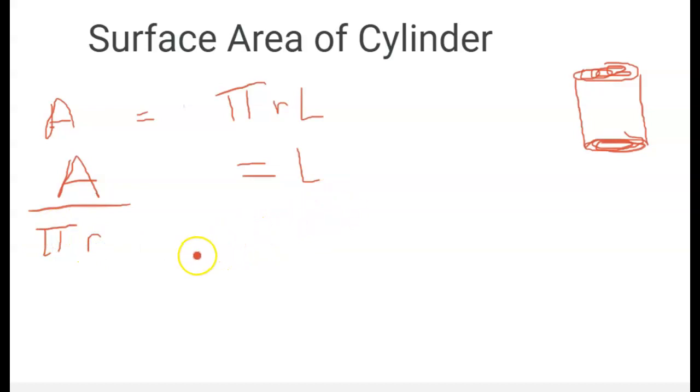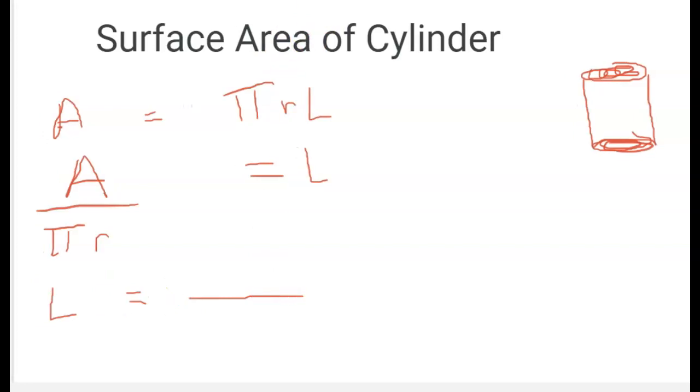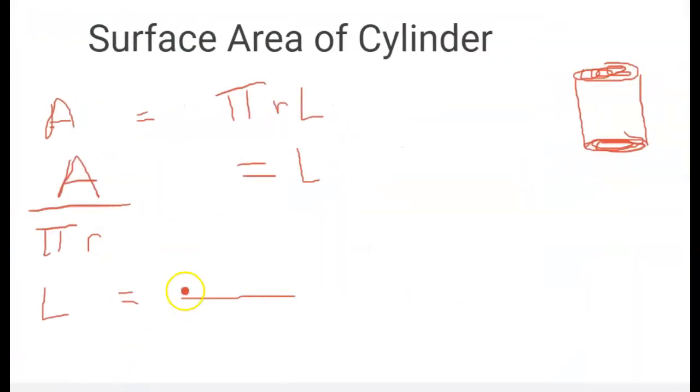Now to find the length, I need to put in the values. So length equals, the area is 348.7. I rounded it off. Pi is 3.14. Use a correct value. And the radius, if I go to the very start, was 75 millimeter. That was a diameter. We do not want millimeter, we want meters.